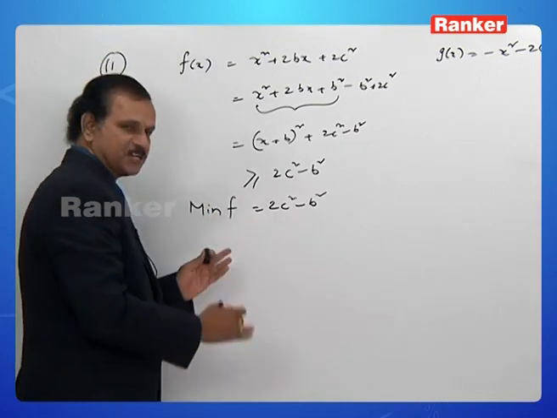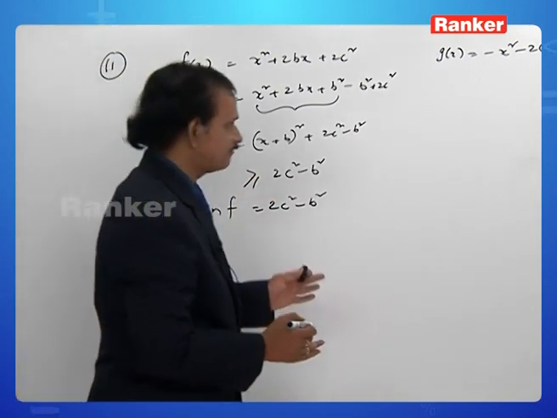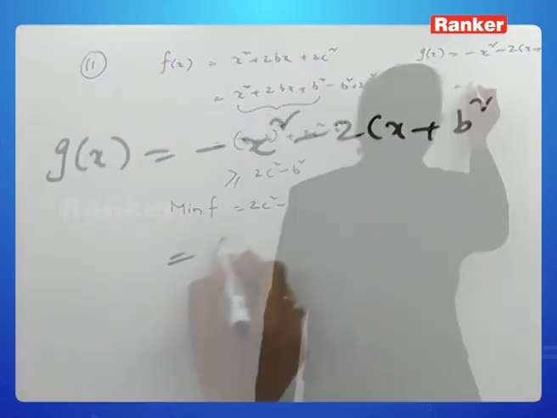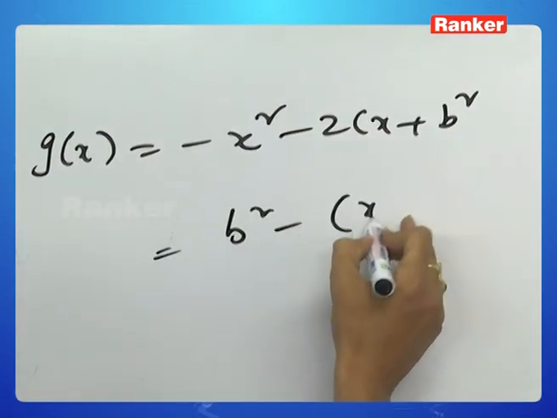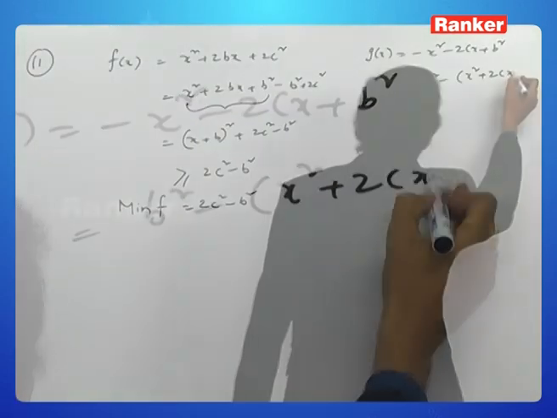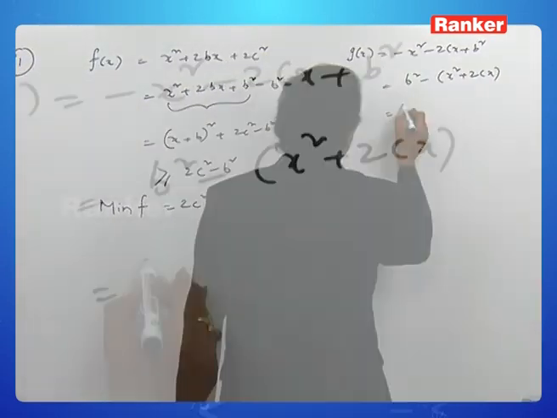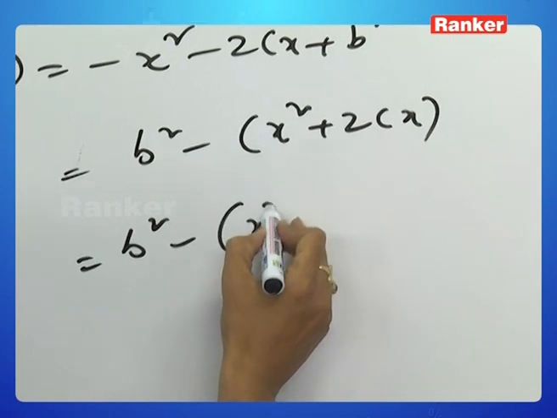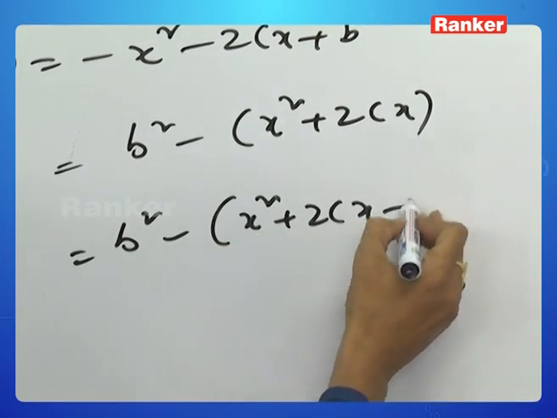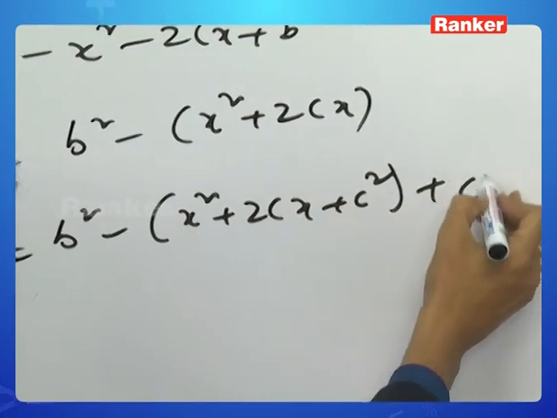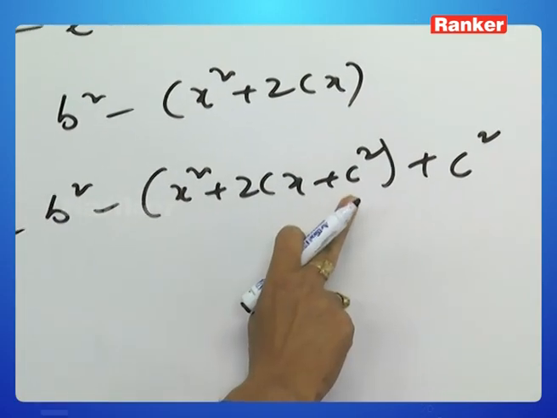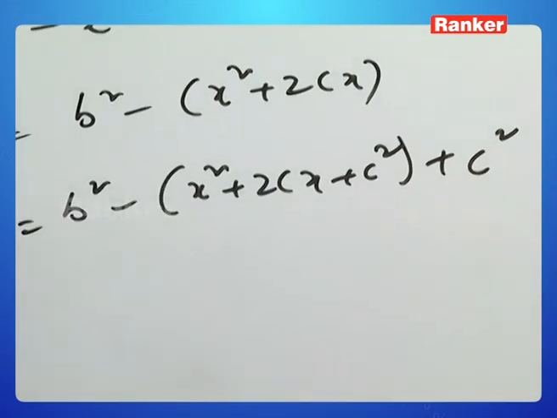Absolutely in the similar fashion, let us look at g of x. What is the fate of that? Let us observe. This is nothing but b square minus of x square plus 2cx. Am I correct? Of course, it is right. This is therefore equal to b square minus x square plus 2cx plus c square, and then plus c square. Minus c square and plus c square, they go away.